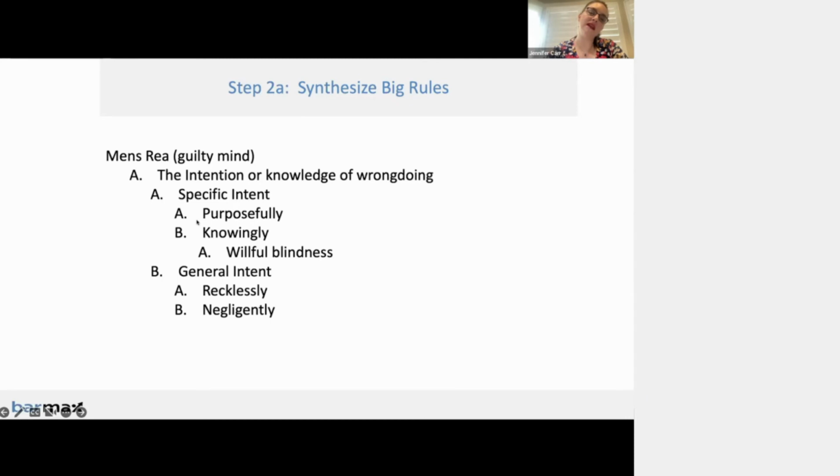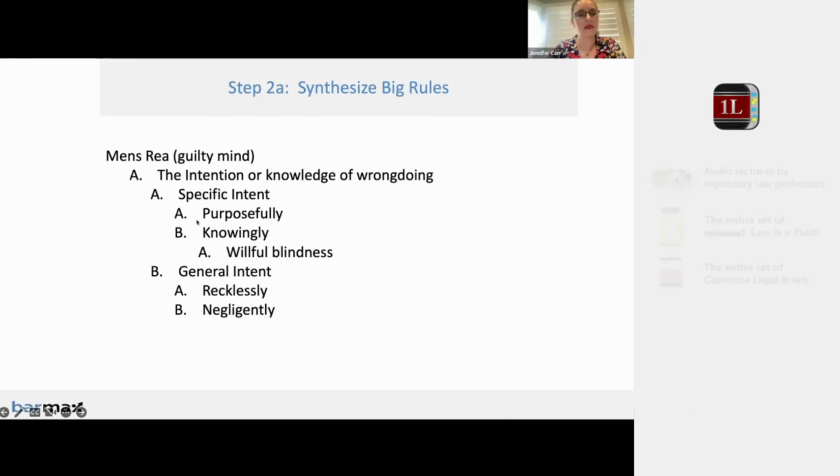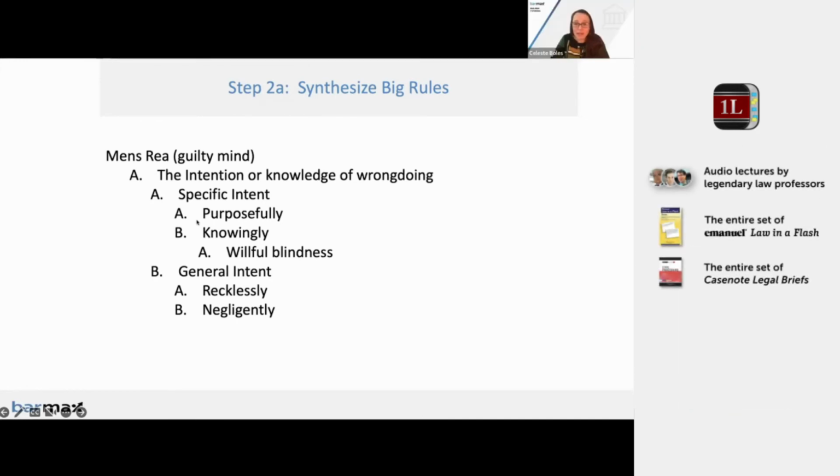Is it a good idea to set times for your readings and outlines to max study time? I think they mean maximize.